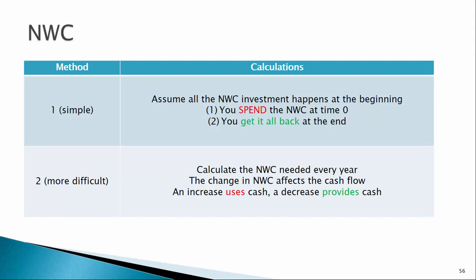So that's a negative effect on cash flow. You need that much money to build up net working capital at the beginning. And then at the end of the project, say it's a 5-year project, you assume you get all that net working capital back at the end. So you assume that when the project's over and you shut everything down, then you won't need that net working capital anymore. That's cash that will come back to you, right?